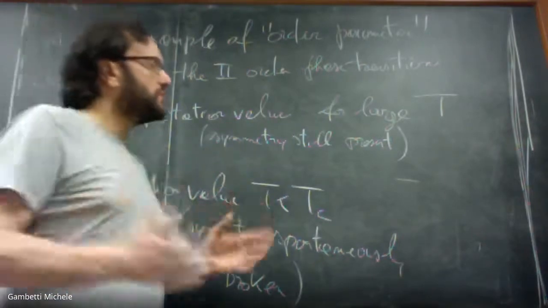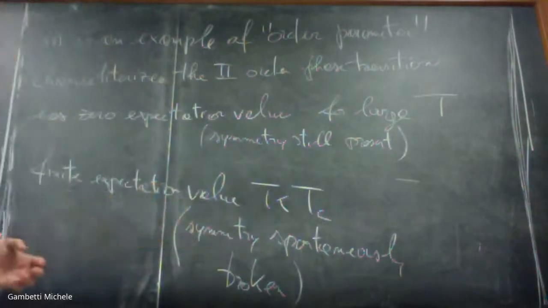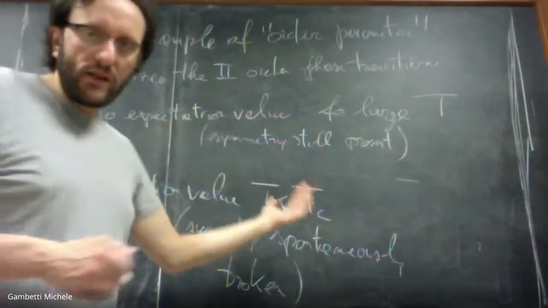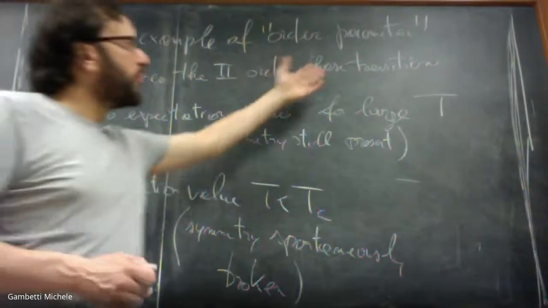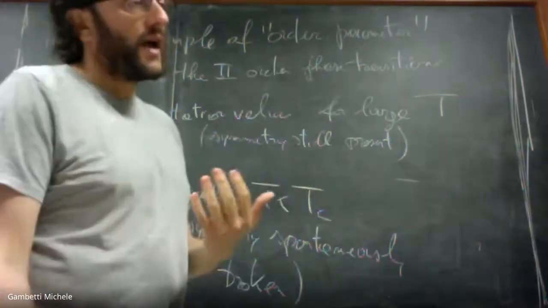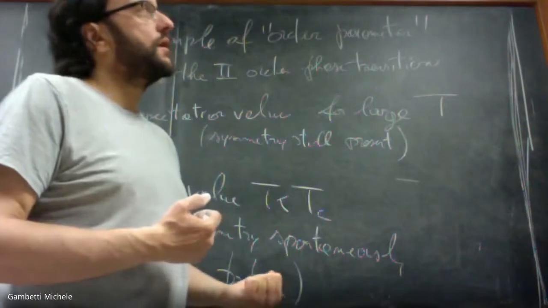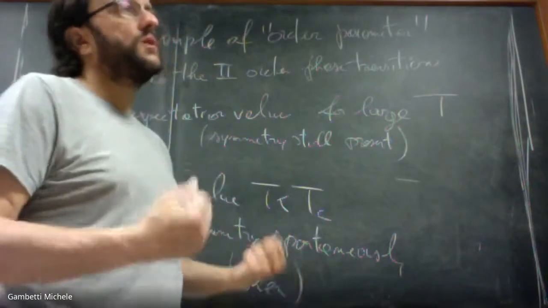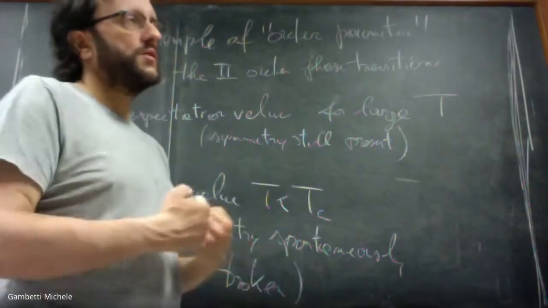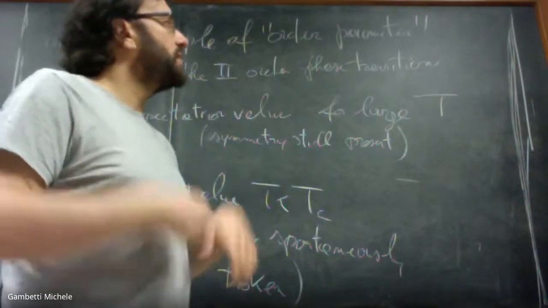Okay, that's why it's called order parameter. And in the case of the Ising model, this order parameter that differentiates between the high temperature behavior and the behavior at small T, below Tc, is the magnetization.